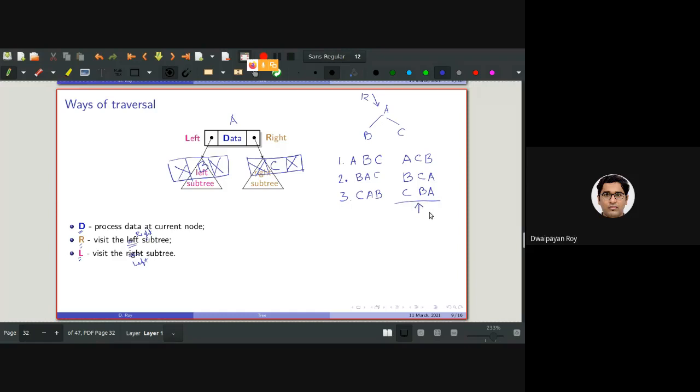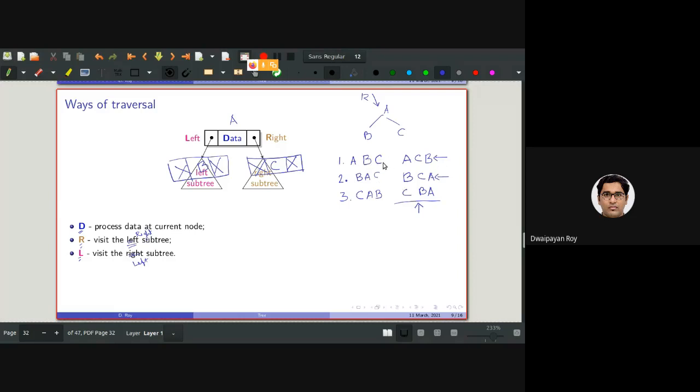You agree? Sir, BCA and CAB, how can they be? Because we can't directly go from B to C. Actually, BCA and ACB are kind of similar.